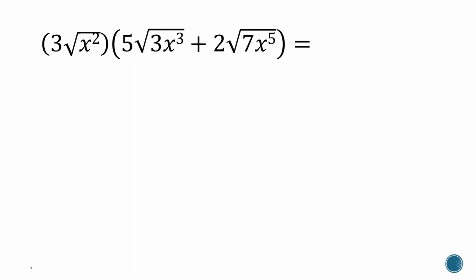So let's do that. Multiply this to that one. That's 15, square root of, 3 times 5 is 15. There's a 3 here, and that's 1, so 3 times 1 is 3. And x raised to 2 and x raised to 3 is equal to x raised to 5.